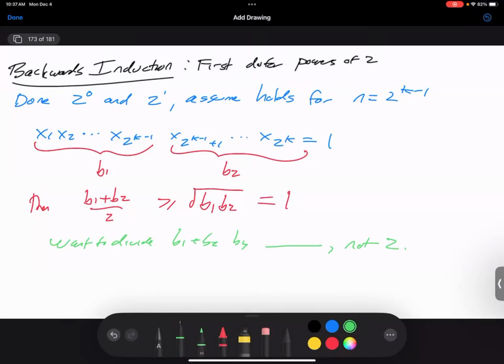Two to the k, right? We want to divide it by 2 to the k. Right now, we only have it divided by 2. Well, no, because in that case, then we have b1 plus b2 over 2 to the k is just going to be x1 plus x2 plus ... plus xn over n, as n equals 2 to the k.